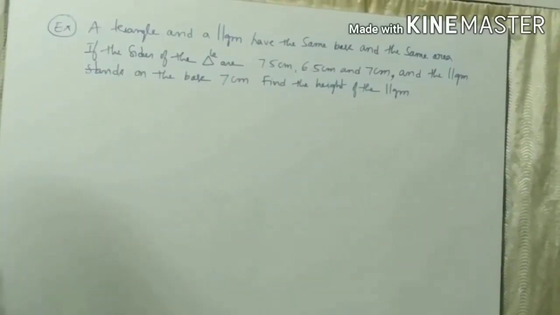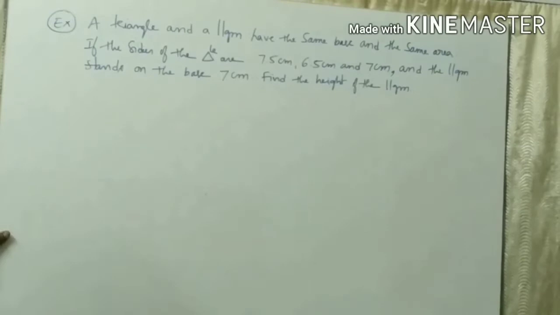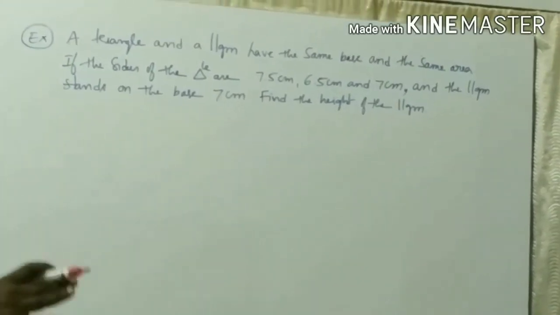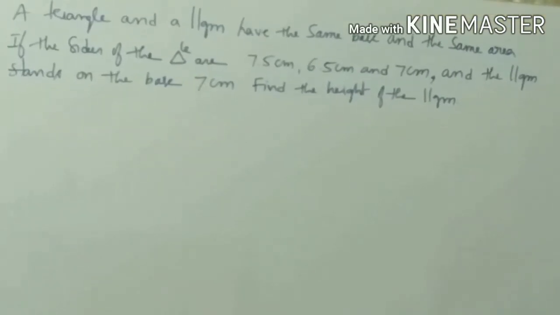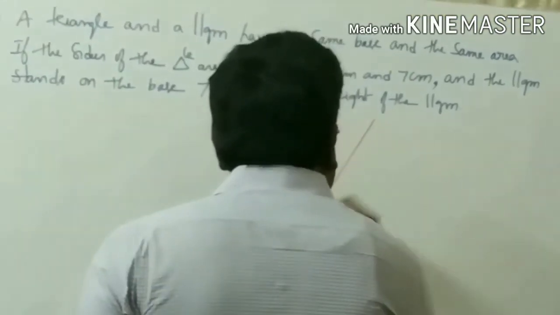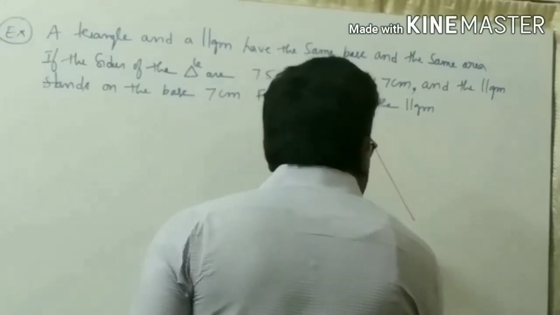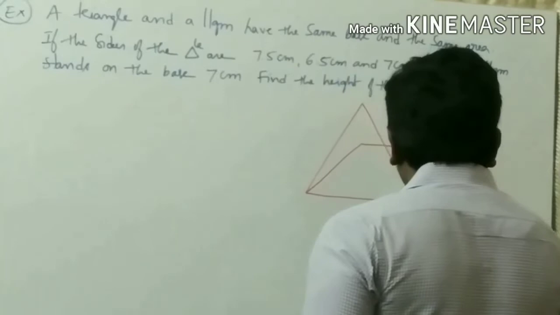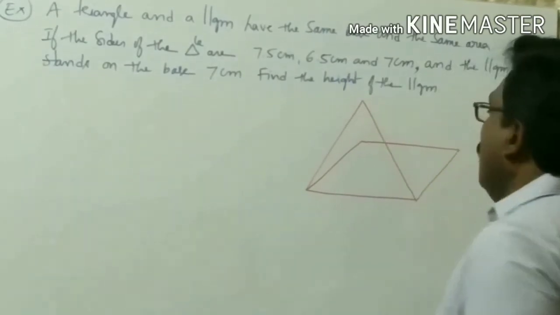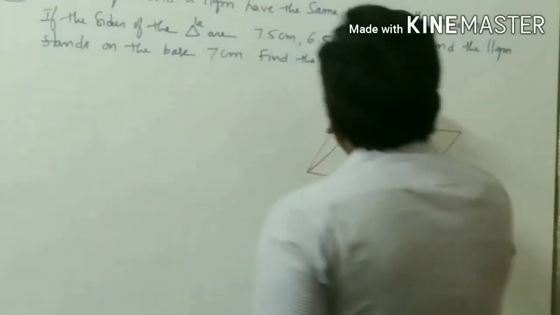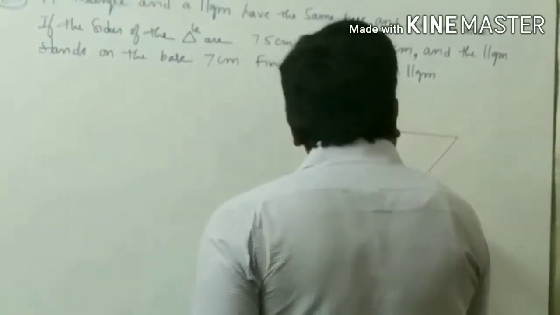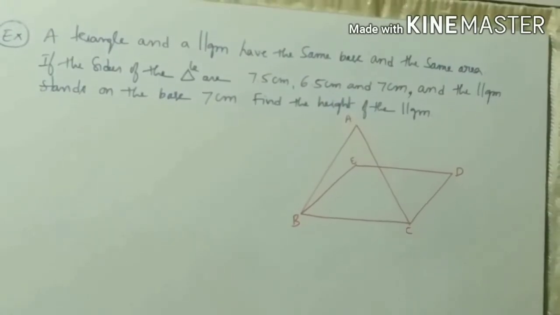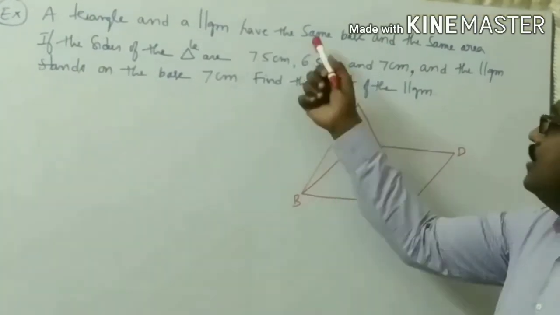Okay, now here is our second example. A triangle and a parallelogram have the same base and the same area. A triangle is there. Suppose ABC is a triangle, BCDE is a parallelogram, with the same base.